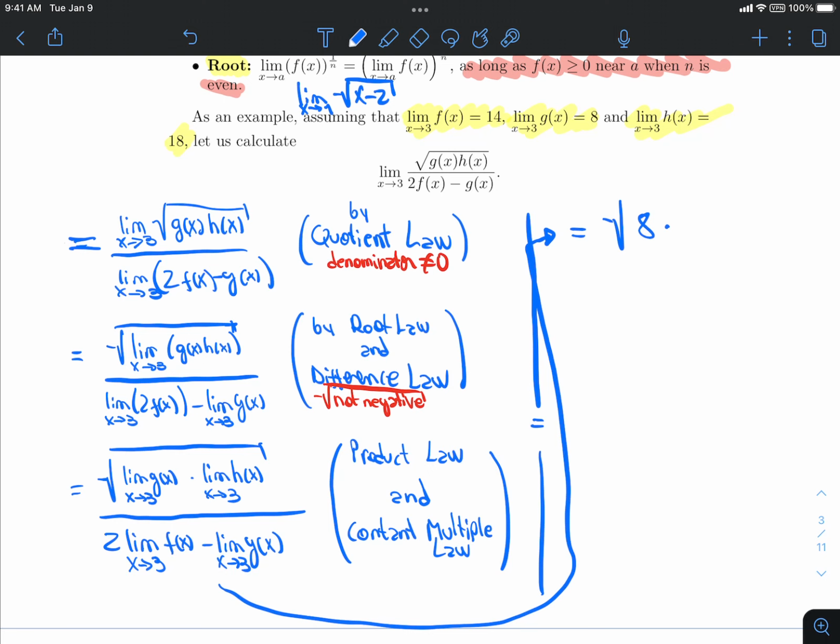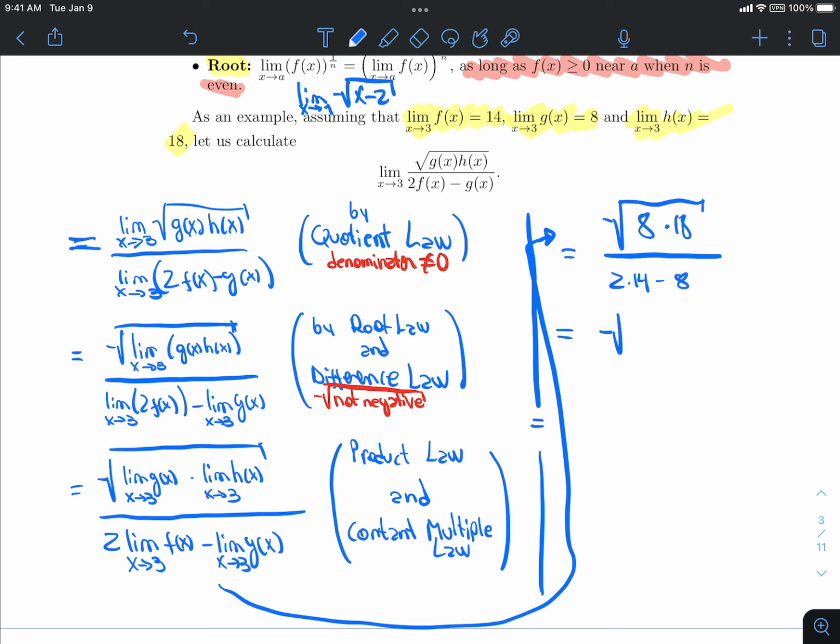The limit of h is 18. The limit of f is 14 minus the limit of g, which is again 8. So I just have to compute this.